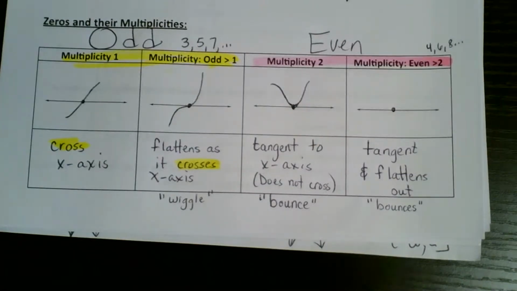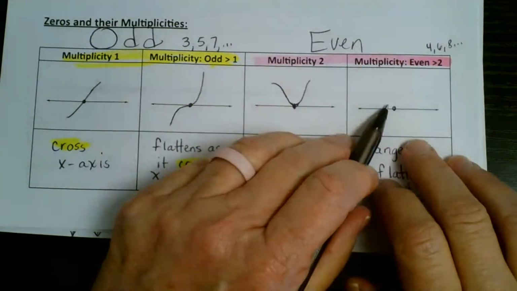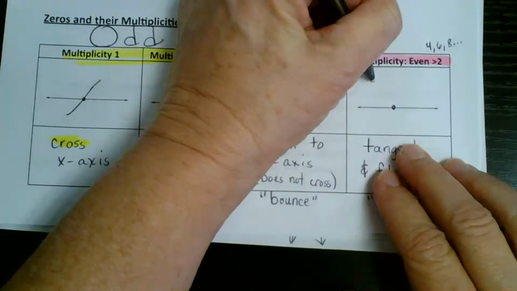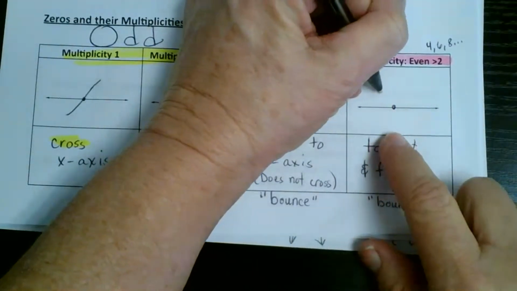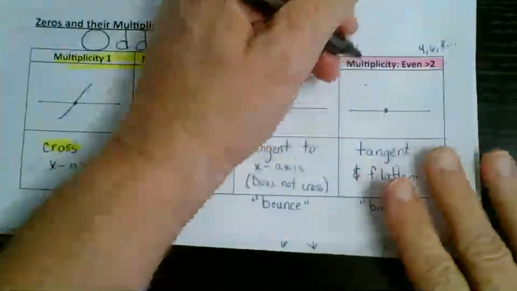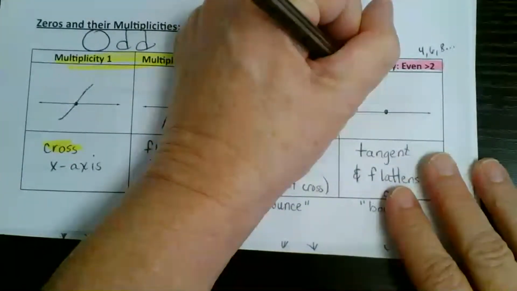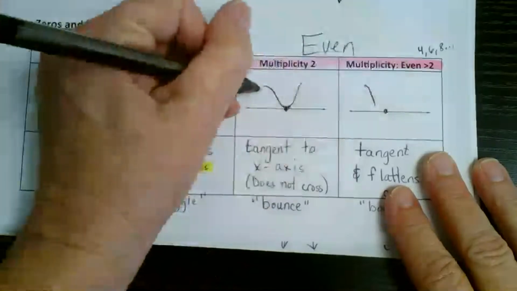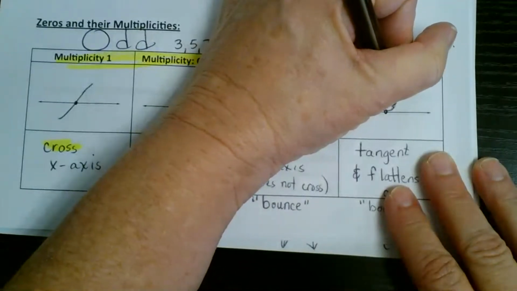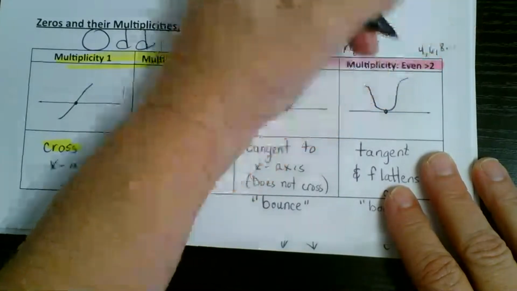So as we turn the page, you're going to see where I let the computer graph some of this. But if I'm going to go tangent, here's a couple of features. If I'm starting at this point and I'm saying, hey, I've got to get to that 0, but it has a multiplicity of 4, watch what my graph's going to do. It's going to come in a little more steeply, and then it kind of flattens out and continues.